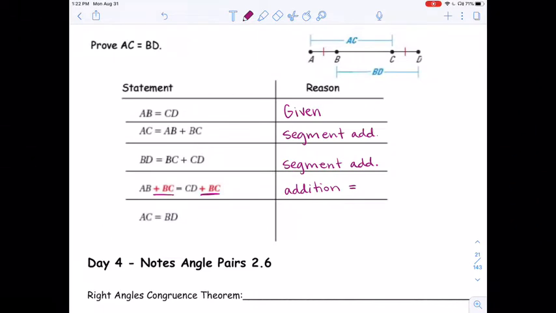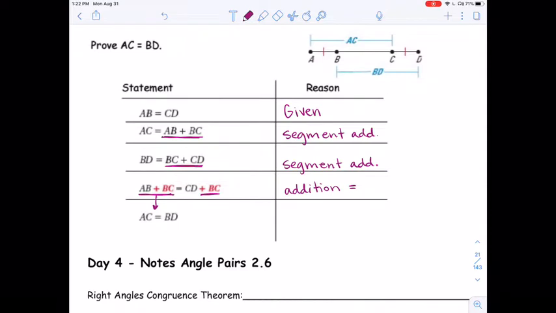And if we play a little bit of matching game here, this AB plus BC we have seen before appear in step 2, and that is equal to AC. So what we're doing is we are swapping them out for one another. Same thing, CD plus BC is in this line up here above.